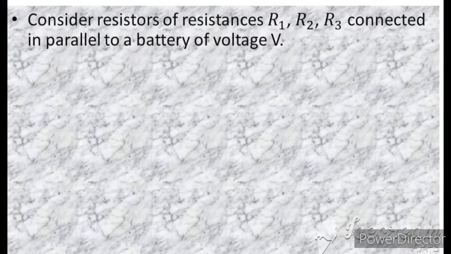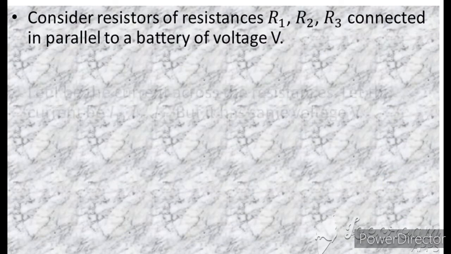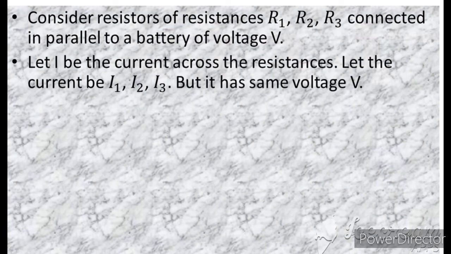Next, let us consider the resistances to be R1, R2, R3, same as before, but the difference is that in series we had the same current but different voltage. Here we have the same voltage. Okay, voltage is the same but it has different currents I1, I2 and I3, and in the same way the resistors are also different.